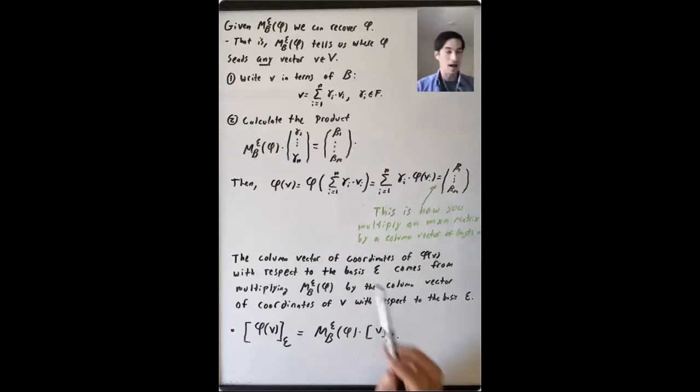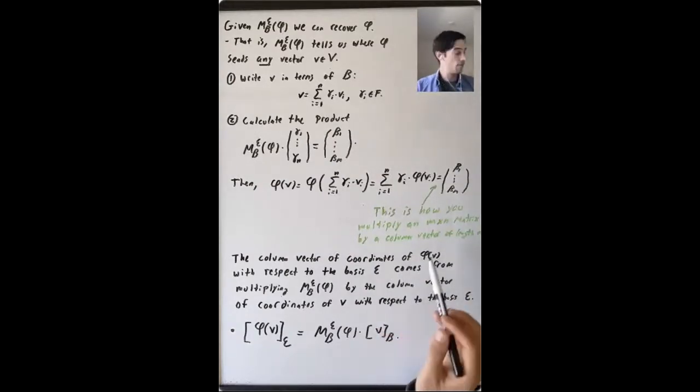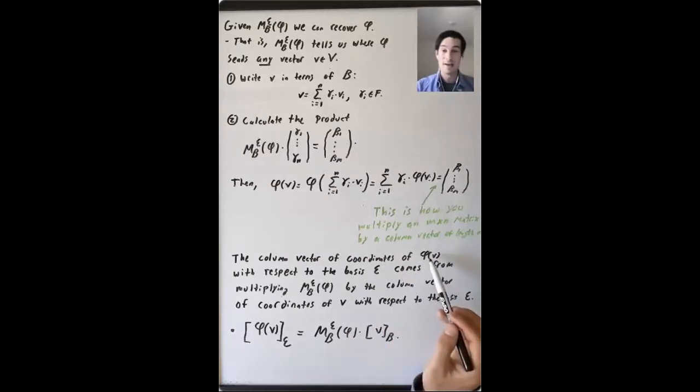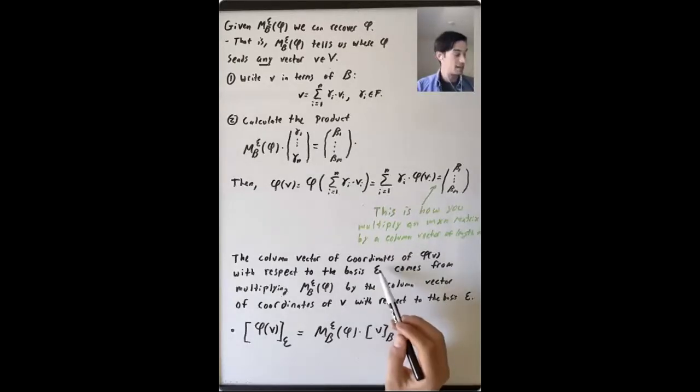It means that the column vector of coordinates of phi of v with respect to the basis E, that is, these are the coefficients in f when you express phi of v as a linear combination of elements of this basis E. Where do these come from?